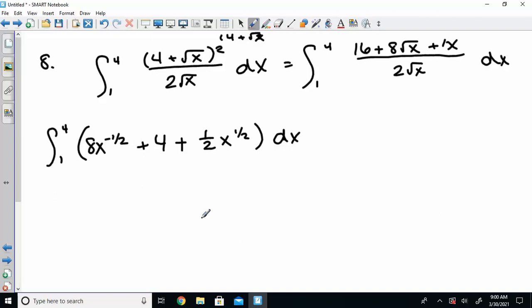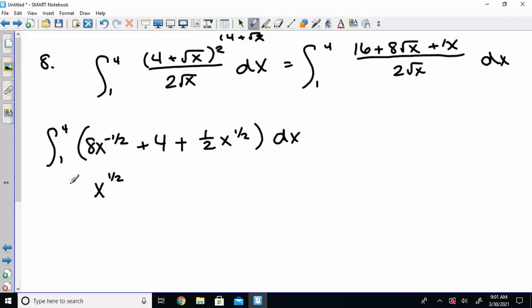Is everybody okay with how we've cleaned it up to that point? So then, next step, we actually have to integrate. So add 1 to your power, that would be a positive 1/2, which means you need a 2 in front times my 8.